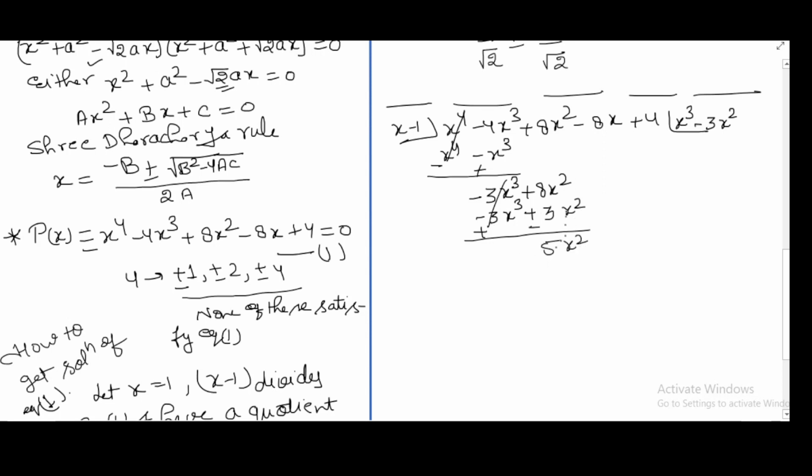Right? Now I will have minus 8x. So again, in order to divide it, I need to make it 5x square. We have to multiply this x minus 1 by 5x. Then I got 5x square minus 5x.